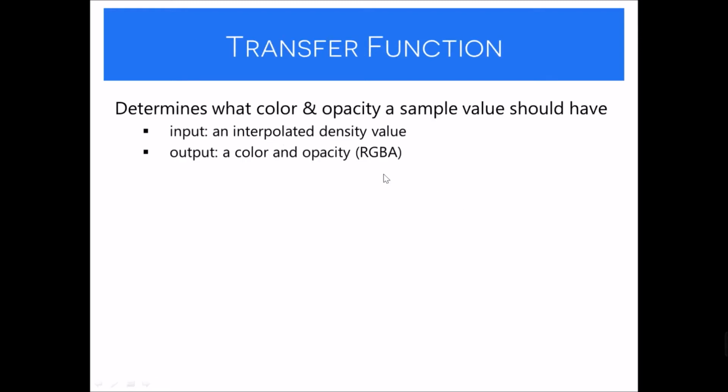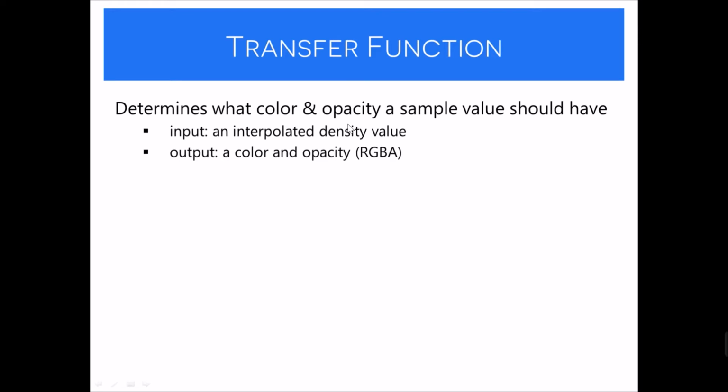So, transfer function. Now you know there's color, you know how to composite it and blend it together, and how to aggregate these colors and make a picture. But where do these colors and opacities actually come from? That comes from what's called the transfer function.